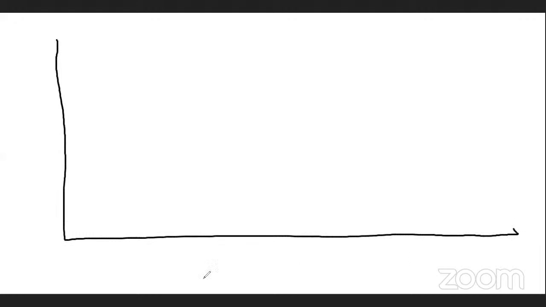Just a minute. Now we are drawing the graph for binding energy per nucleon against the mass number A. Initially we are having the mass number from 0 to 50, then 100, 150, 200, 210.